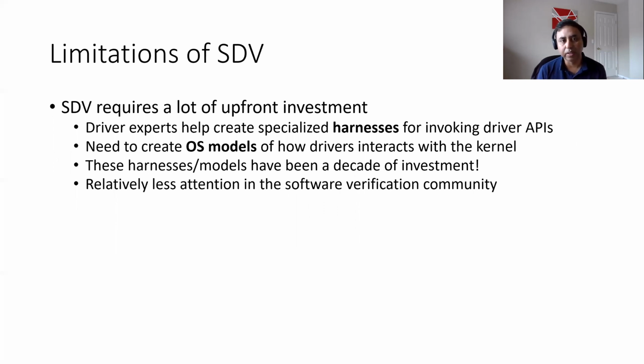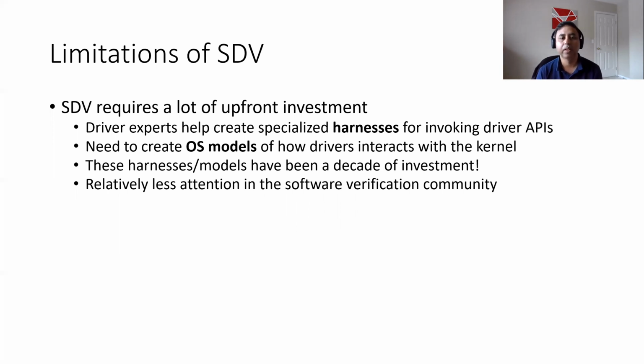This is the story of SDV, but I think it's the story of any mature software verifier that is based on model checking. So SDV requires a lot of upfront investment. So for the domain where it works the best, specific classes of drivers, it needs driver expertise to write very specialized drivers or harnesses of how the driver APIs are called. So that's one part of the story.